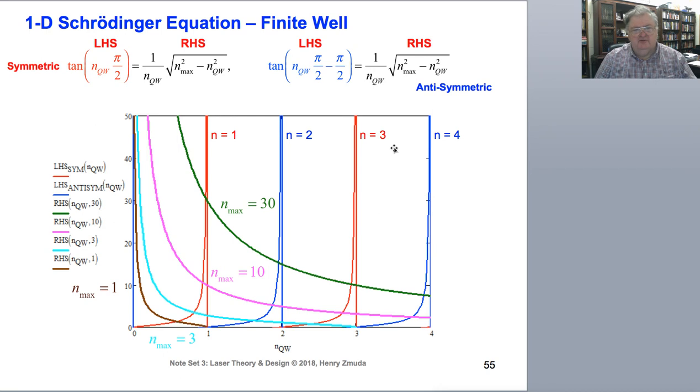I'm trying to color code these for you a little bit. The red one is the left-hand side symmetric, tangent of n quantum well pi over 2, as n quantum well ranges from 0 to 4. For the anti-symmetric case, tangent of n quantum well pi over 2 minus pi over 2, I get the blue curves here. So that's the left-hand side of the equation.